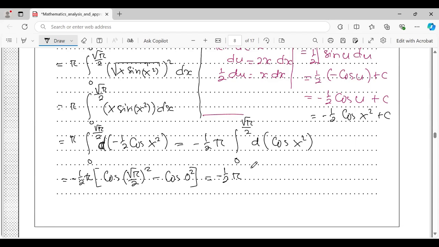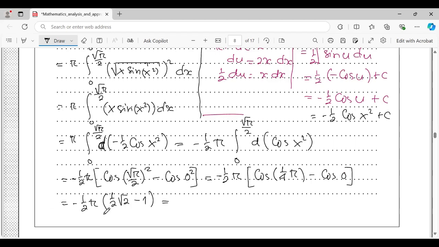Minus half pi times cosine quarter pi minus cosine 0. Cosine quarter pi equals half square root 2, and cosine 0 equals 1.